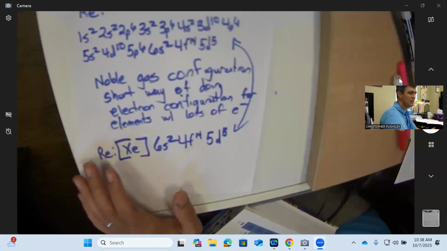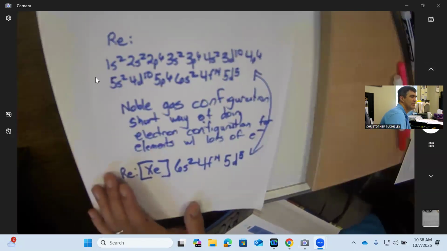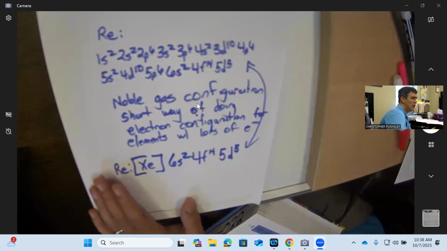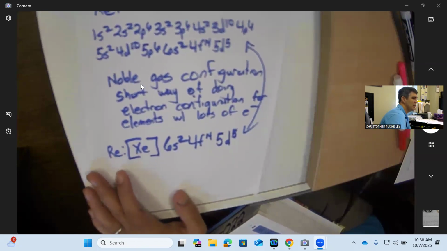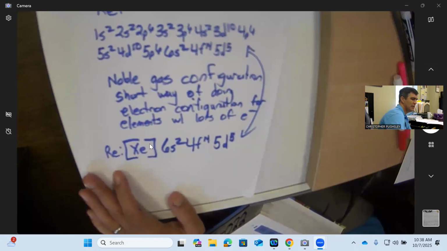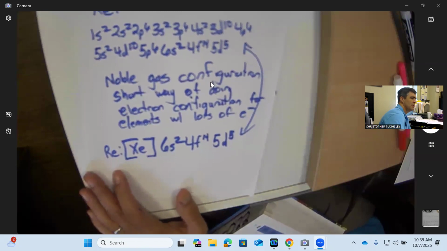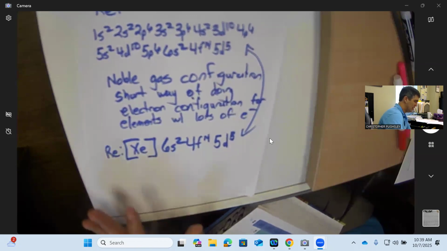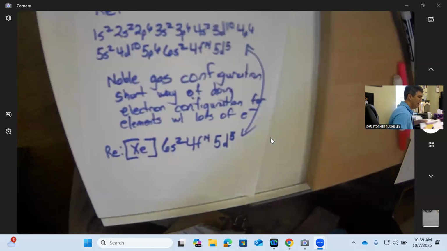One more time here. So what we did here is the answer with rhenium, and this is what we call the note. What I wanted to show you is the noble gas configuration before JJ comes up and does the problem for us. The noble gas configuration is a short way of doing electron configuration for elements with lots of electrons. You look at your last noble gas before rhenium.